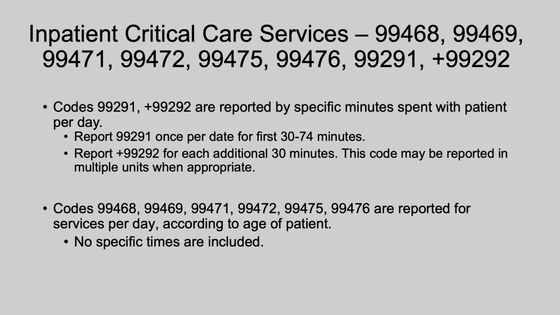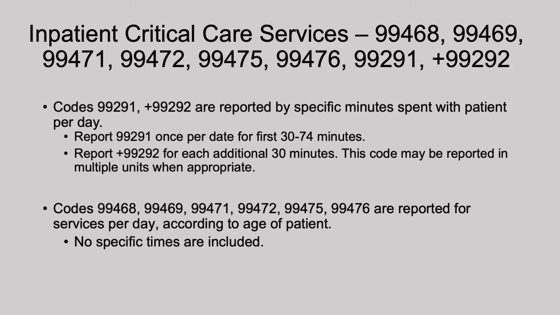So different codes are selected using time. So 99291, 99292 are reported by specific minutes. 99291 once per date for first 30 to 74 minutes. 99292 for each additional 30 minutes. So once you hit that 74 minutes, once you hit 75 minutes, you can start reporting 99292.